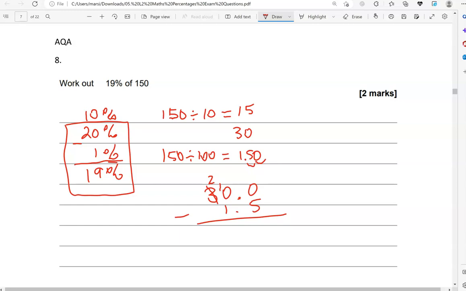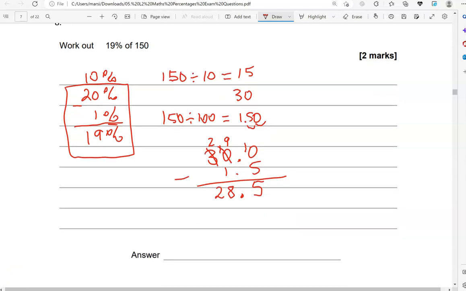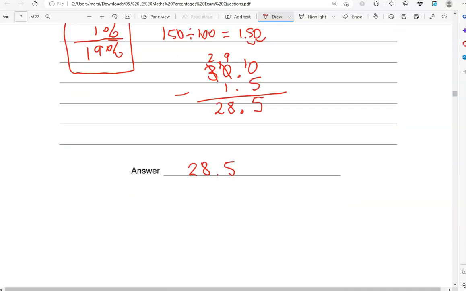Now we can borrow 1 from the 10. So this becomes 10, and this becomes 9. So 10 take away 5 gives us 5. 9 take away 1 is 8. 2 take away nothing, that is 2. So 28.5. So 19% of 150 is 28.5.